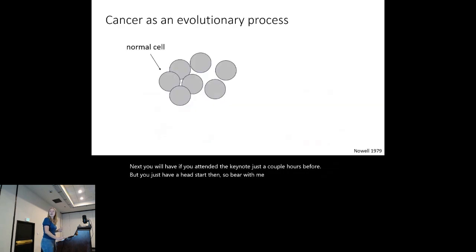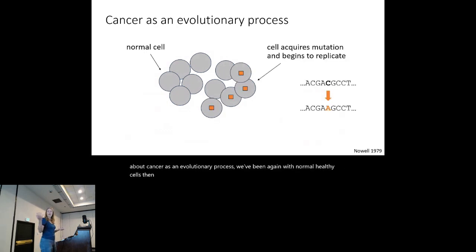Okay, so first, just thinking about cancer as an evolutionary process, we begin with normal healthy cells. Then some cell will acquire a mutation and begin to replicate. I'm representing a mutation here as that orange square, and that could be, for instance, a point mutation like this C2A, or it could be some other kind of mutation.